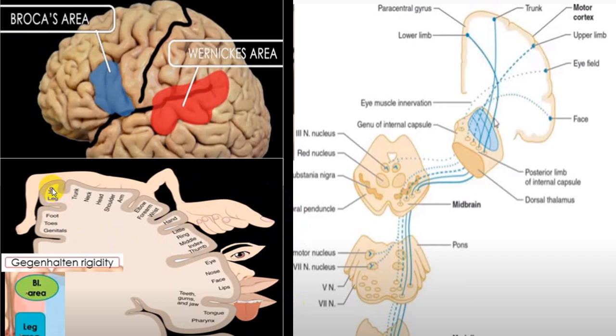So in this portion, lower limb is involved. If you get involvement of this part, you will have involvement of the face, neck and upper limb. So face, neck and upper limb are supplied by MCA. This portion is supplied by the ACA territory. So that will be a very important part.